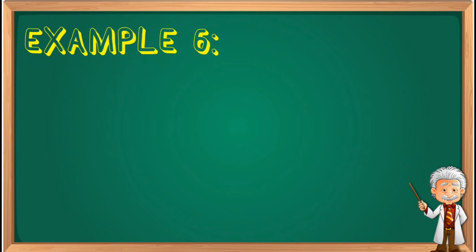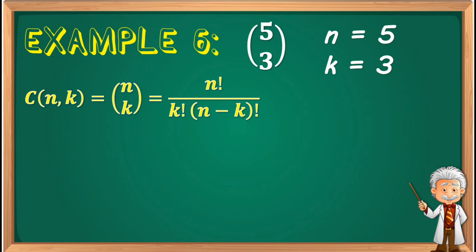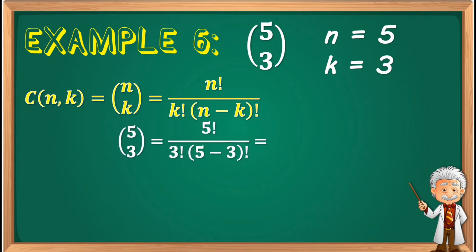Let's have example number 6. We have the combination 5, 3. So our n is 5 and our k is 3. So using the formula, nCk is equal to n factorial over k factorial times the quantity n minus k factorial, equals 5 factorial over 3 factorial times the quantity 5 minus 3 factorial equals, so we subtract 5 and 3, it will become 2.